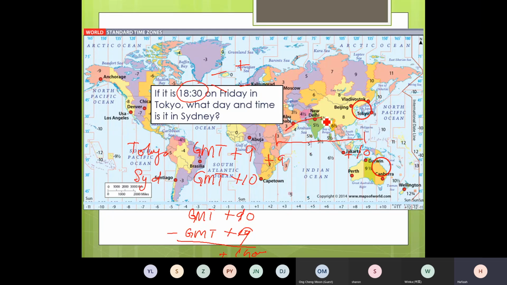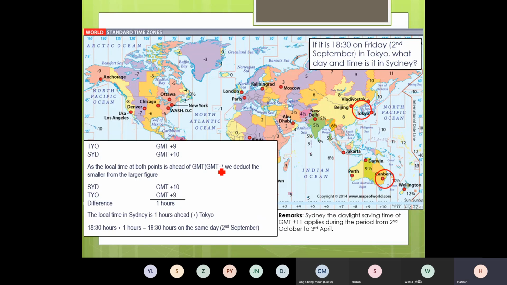They want to know the time in Sydney, so it moves from here. So it must be plus. So 18:13 you must plus 1 hour, so it equals 19:13. Still on the same day. Okay, understand or not here? You understand how we got it?